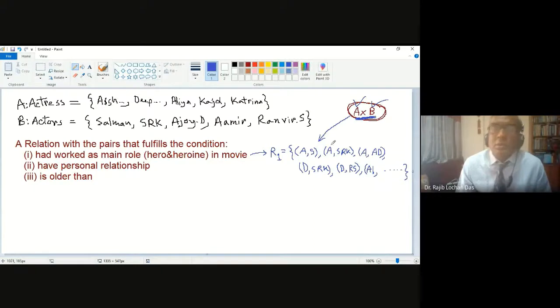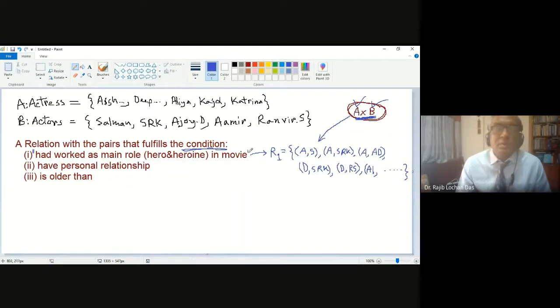So whatever relation you are making, these elements are coming from the product set. So this is a subset of the product set. This is the relation we are making, and the relation is being made based on a particular condition. So we are looking for the pairs which will satisfy the condition.